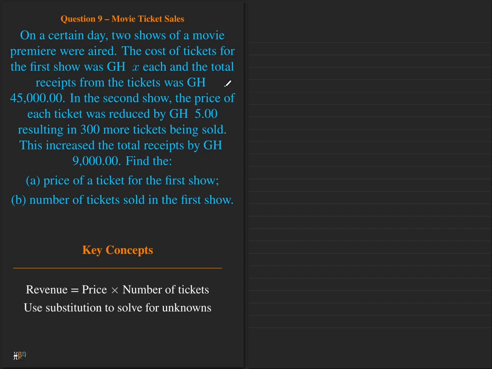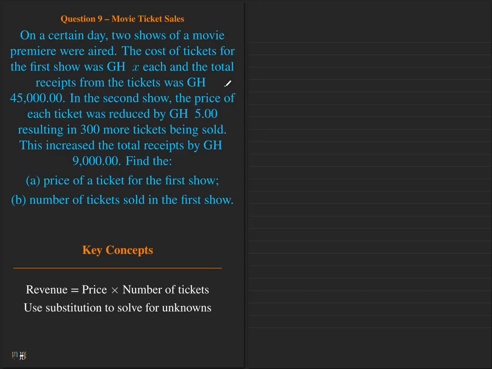In the second show, the price of each ticket was reduced by 5 cedis, resulting in 300 more tickets being sold. This increased the total receipt by 9,000 cedis. We have to find (a) the price of the ticket for the first show, and (b) the number of tickets sold in the first show.